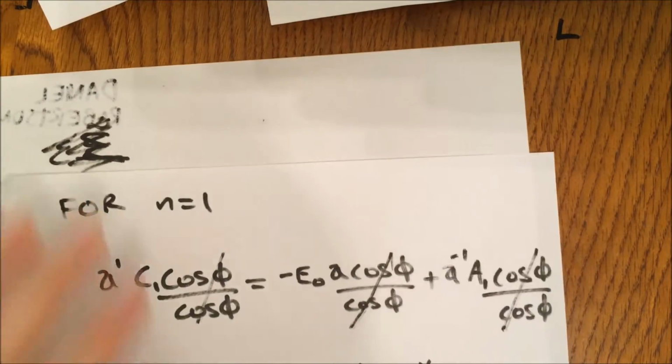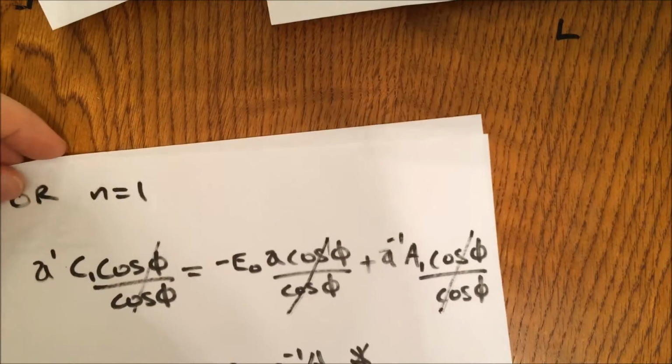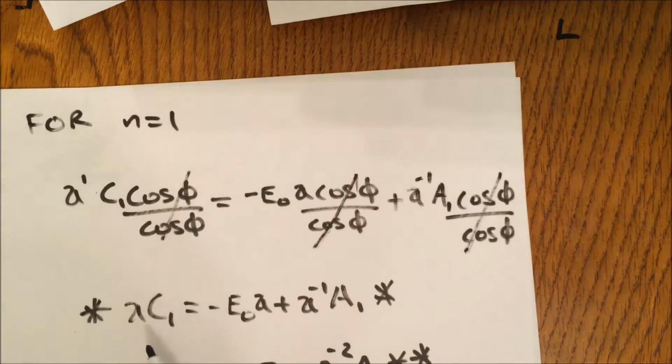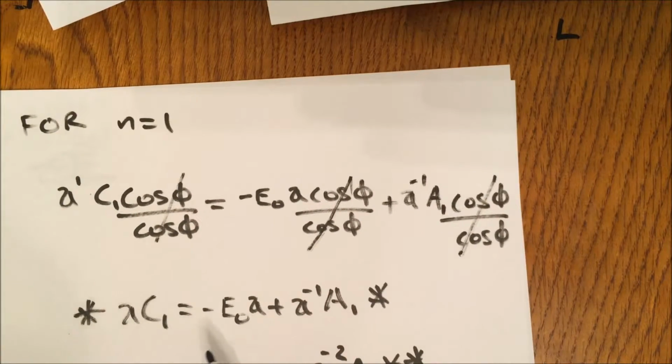Alright. So for n equal to 1, we're left with this after those cosines go away.